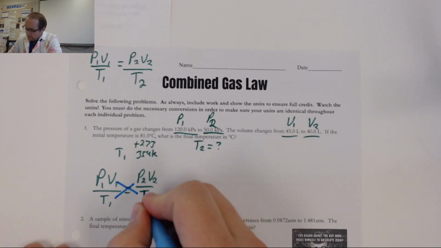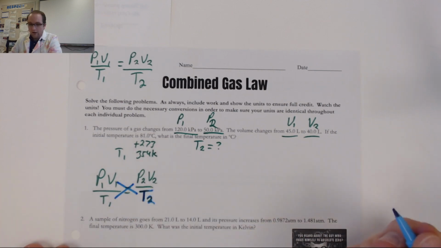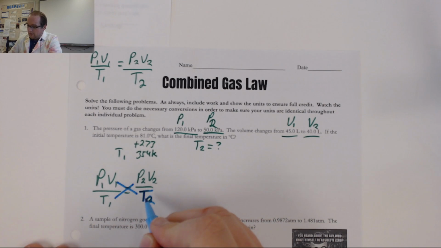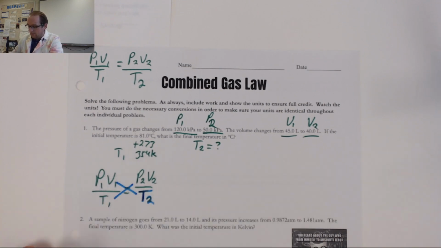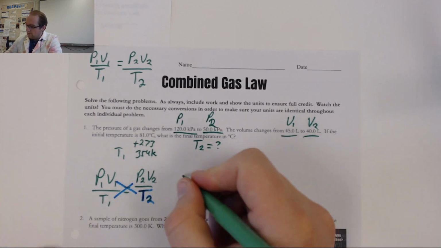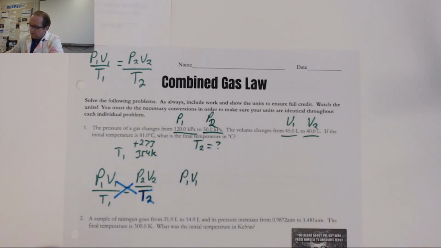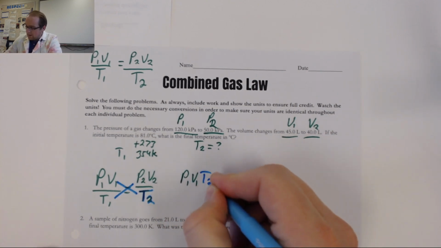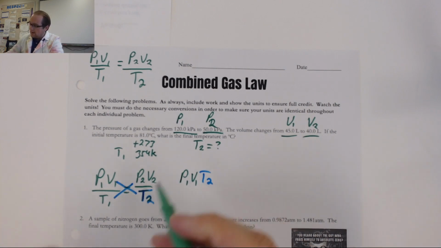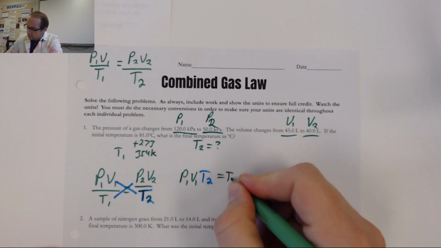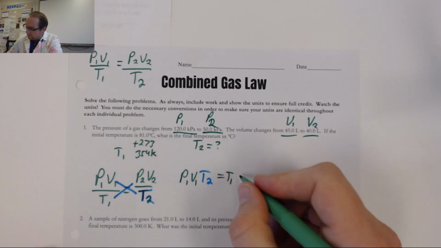So I'm looking for this T2 here. So I'm going to take P1 V1 times T2. These are across from each other, and that is going to be the left side of my equation. I'm going to do the T2 in blue just so it pops out a little bit more. And that's going to be equal to the other cross, so T1, P2 times V2.